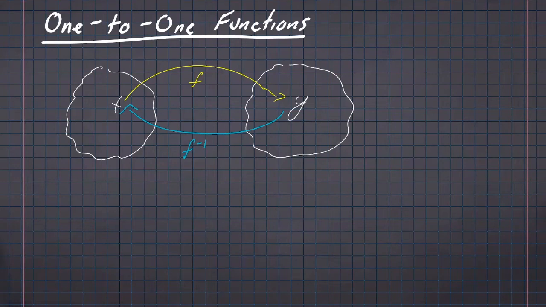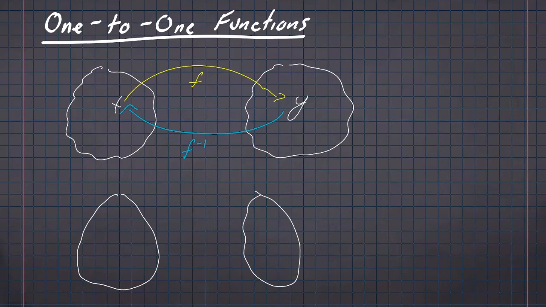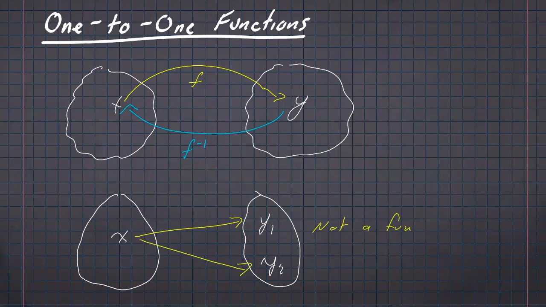Now, there's one interesting property of functions that we have to be careful of. If you have a relation that takes a single x and sends it to multiple y's, then you have something that is not a function.